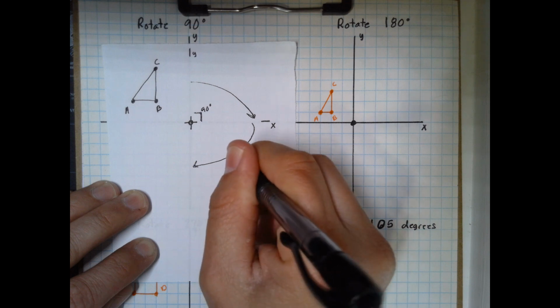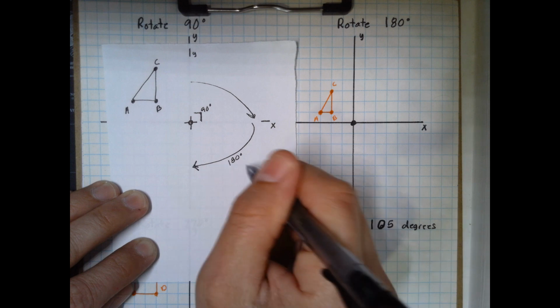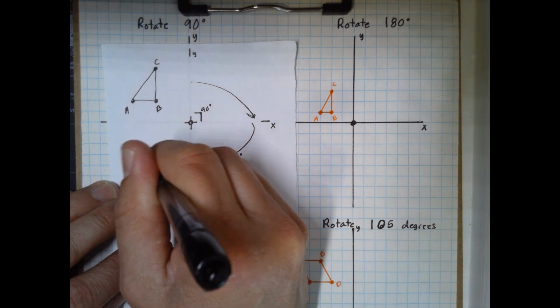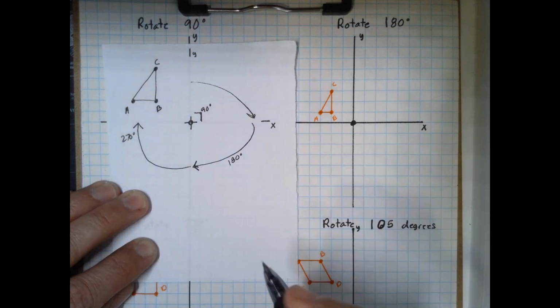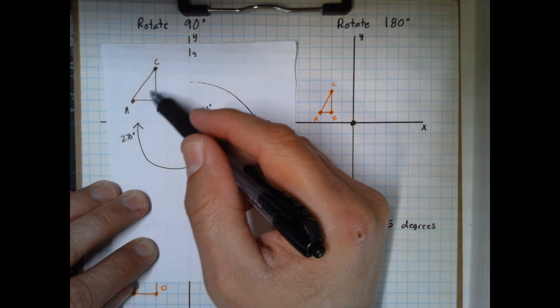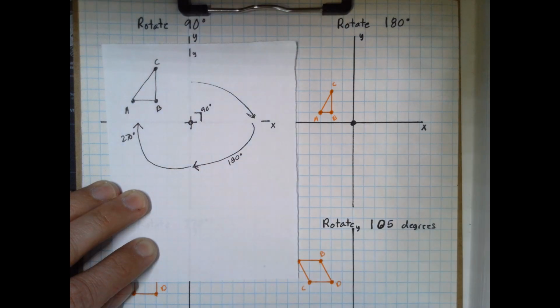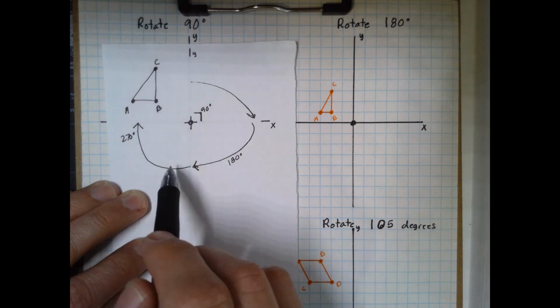And that'll be a 180-degree rotation. If I wanted to go another 90 degrees, I'd say 180 plus 90 gives me 270 degrees. And this would be a 270-degree rotation. And if I wanted to put it back where it originally started from, I would go another 90 degrees, and that would make it 360. And the reason is because there's 360 degrees in every circle.